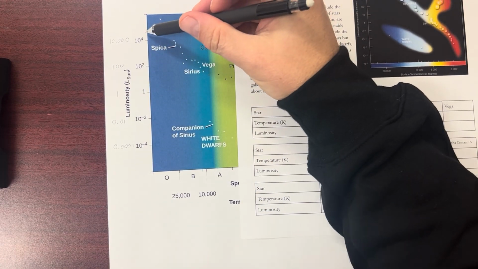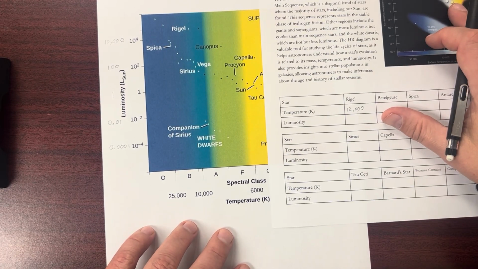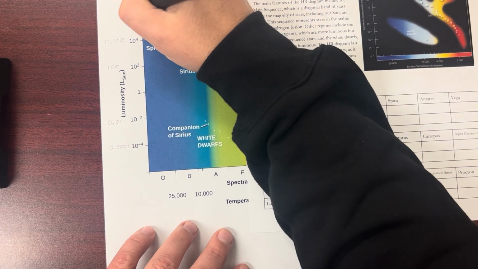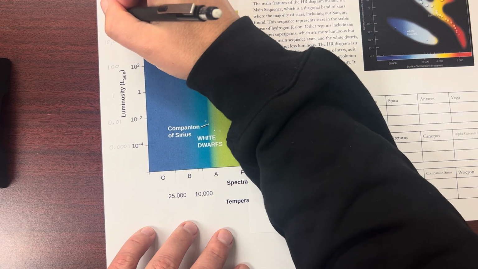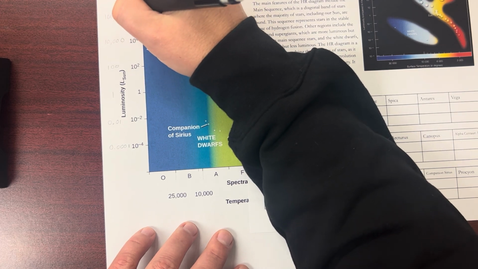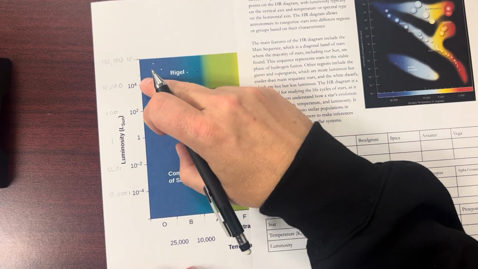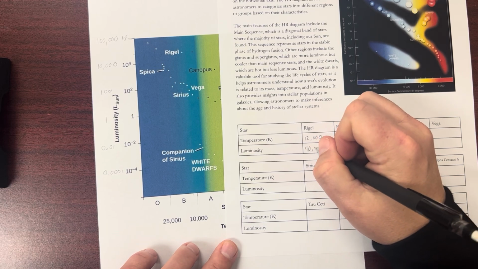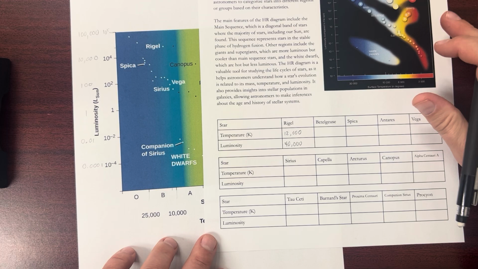So Rigel being above 10,000, I don't know how high it goes, but if we're following this, the next line would be 10 to the fifth, which would be 100,000. So if I had to guess here, I'm gonna say 40,000. Again, your numbers may be a little different than mine.